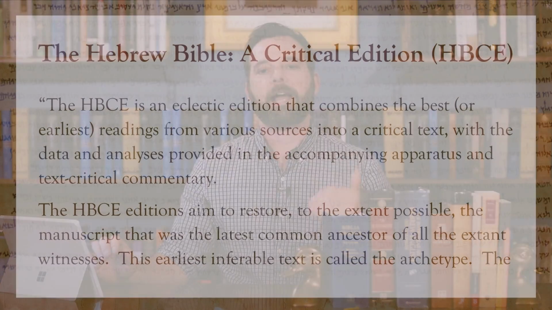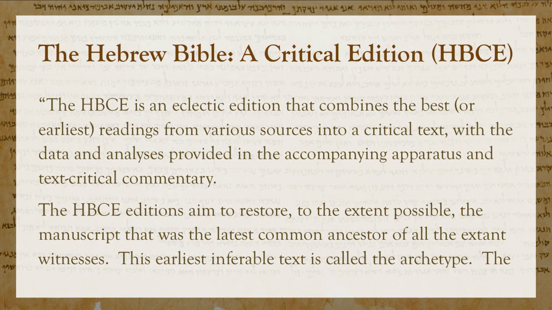So that's why I'm really excited about this new project that is called the HBCE, the Hebrew Bible Critical Edition. The HBCE is an eclectic edition that combines the best or earliest readings from various sources into a critical text, with the data and analysis provided in the accompanying apparatus and text critical commentary.